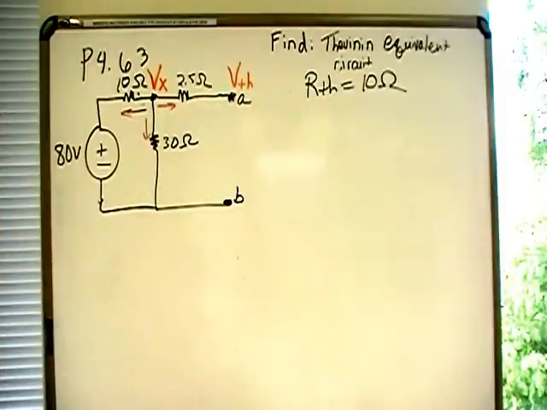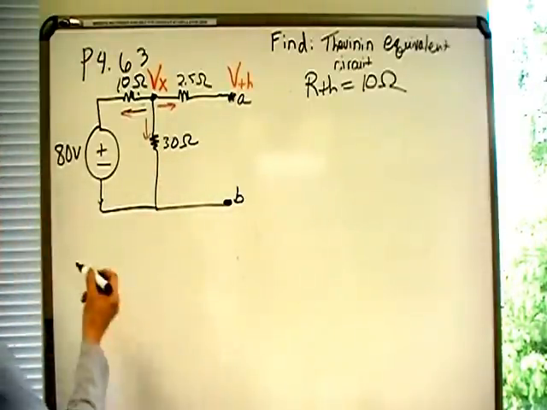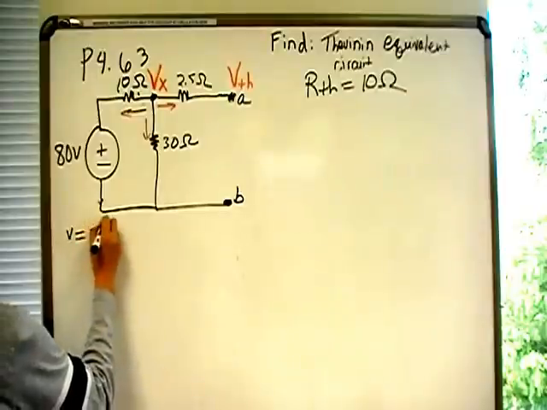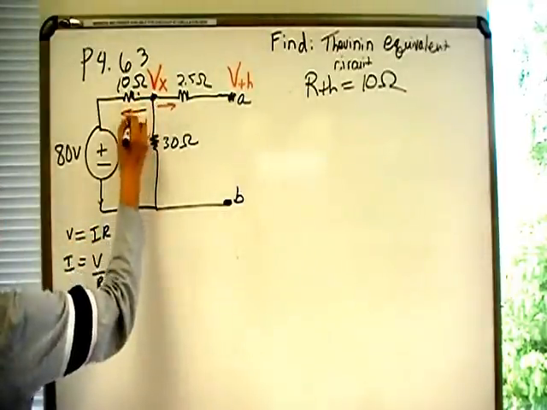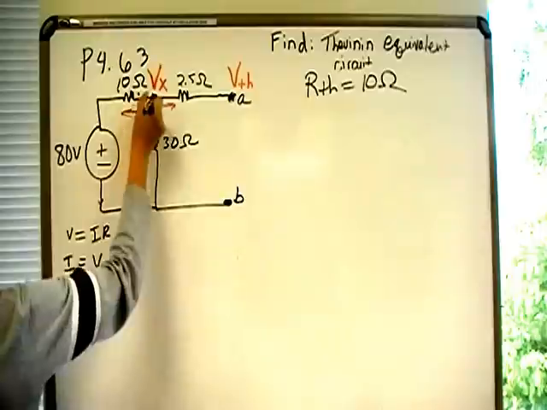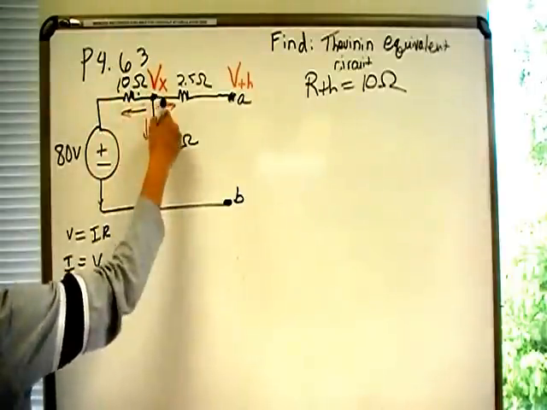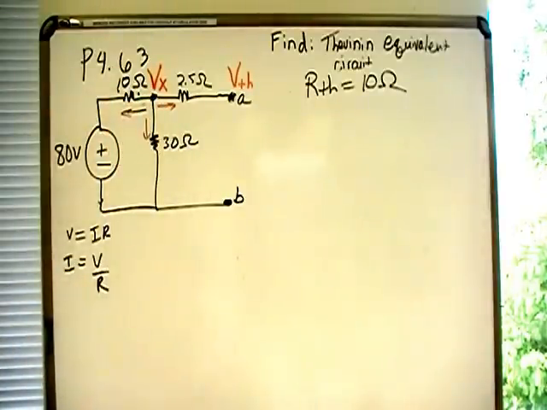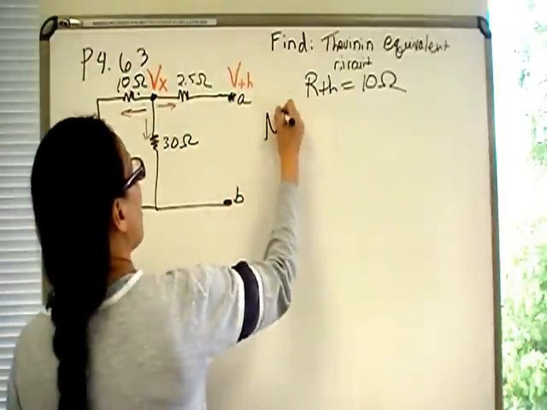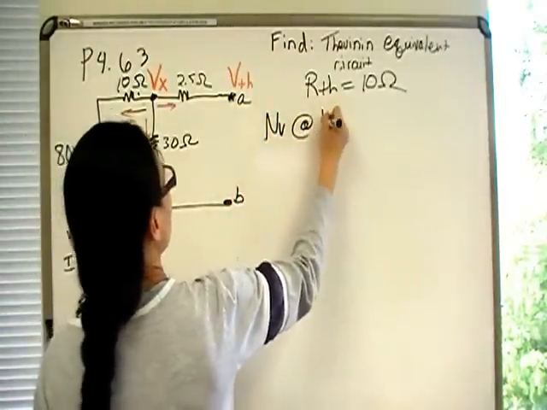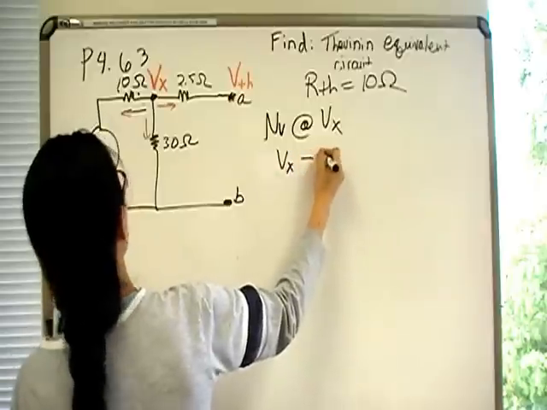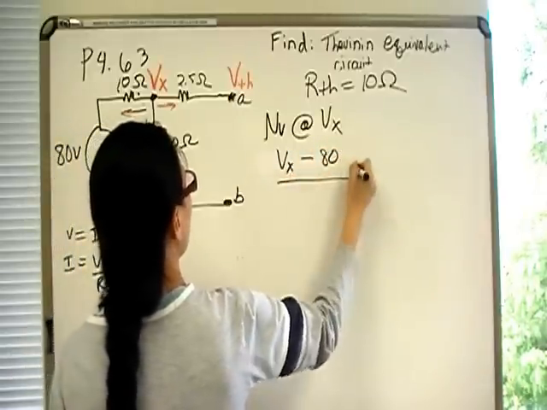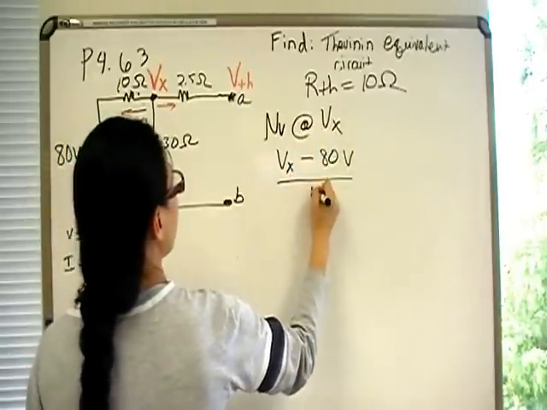So it's an application of KCL, right? Remember, V is equal to I R, therefore I is equal to V over R. So we're going to take I, which is going to be the difference in voltages, V over R, out of each of these branches to find the branch currents and set up our node voltage equations. So, node voltage at V sub x is going to be V sub x minus 80 volts over 10.